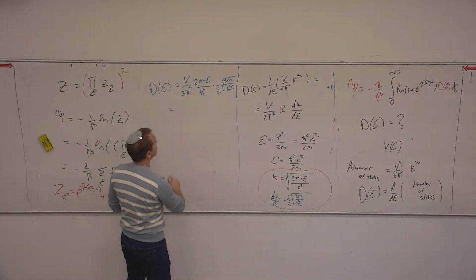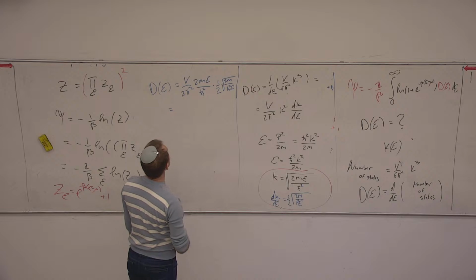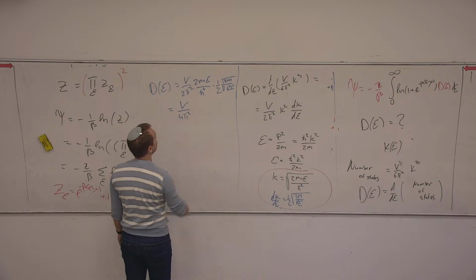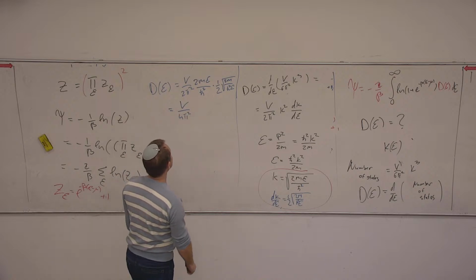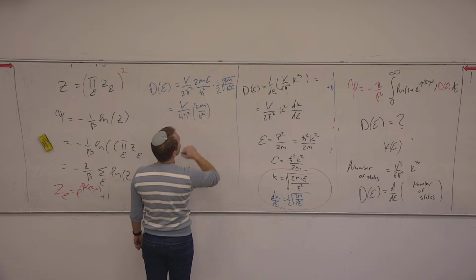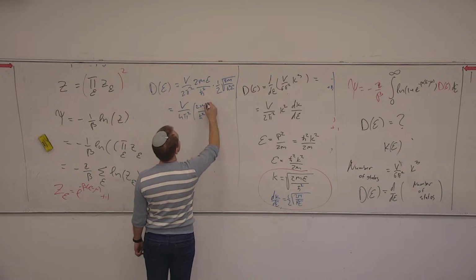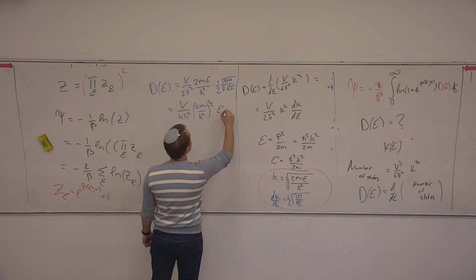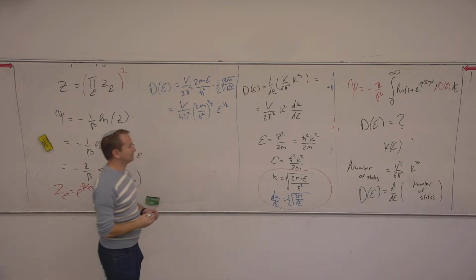Let's make it a little bit nicer. We have 2 divided by 4π², and here we have 2m divided by ħ² to the power 3/2, and here we have ε to the power 1/2.